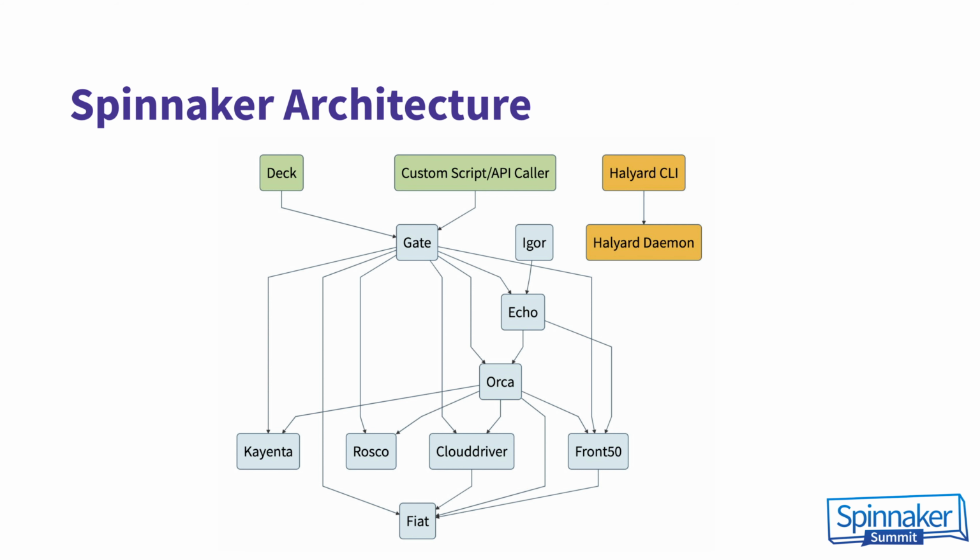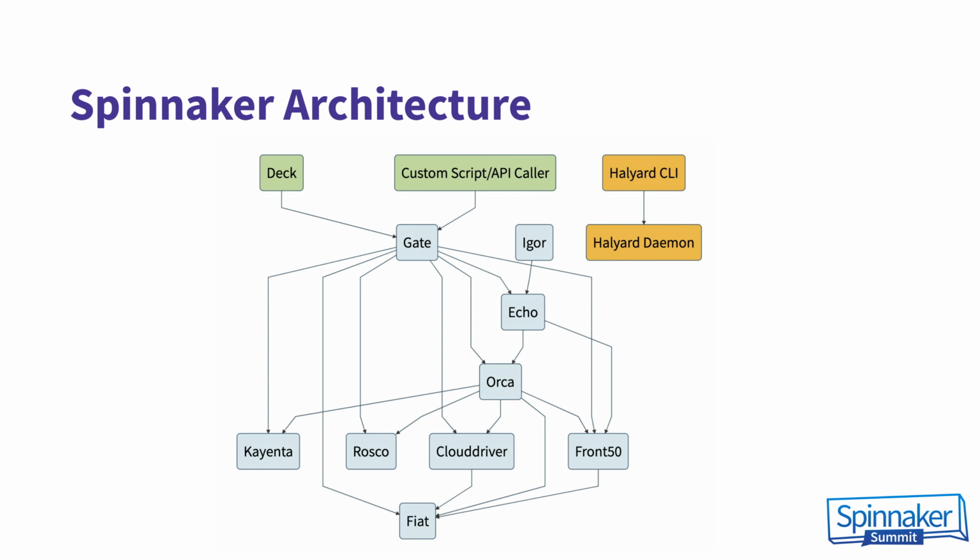You can even have APIs calling Gate, and you can do automations with that. There are other components in there. The main one is Orca, which is the real orchestration engine. That does the real orchestration: all the pipelines that you have, what should run next, and all that. That orchestration is done by Orca, which talks with a bunch of different services.